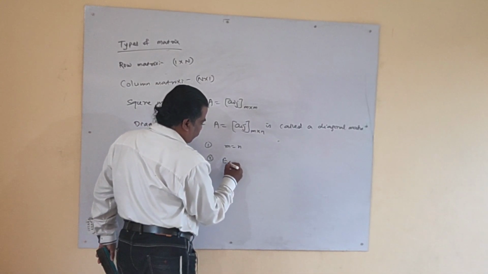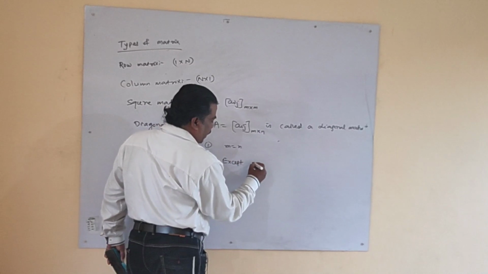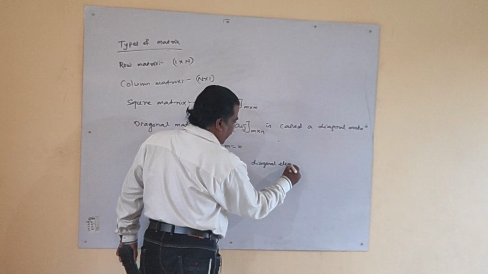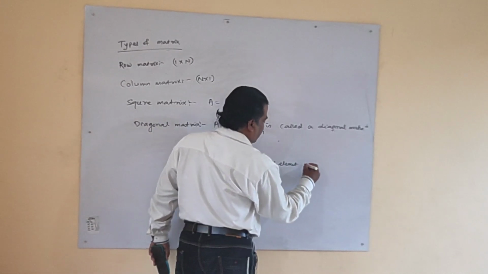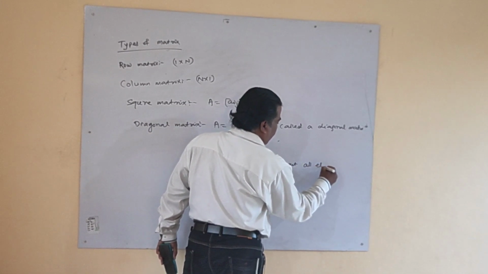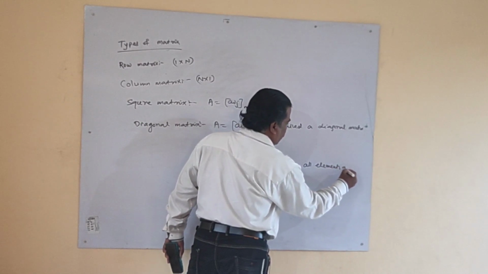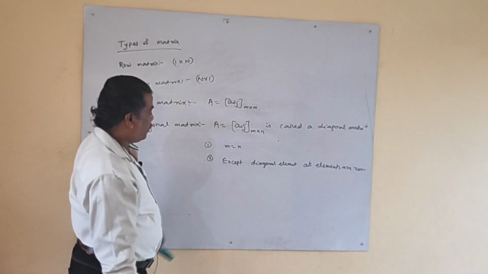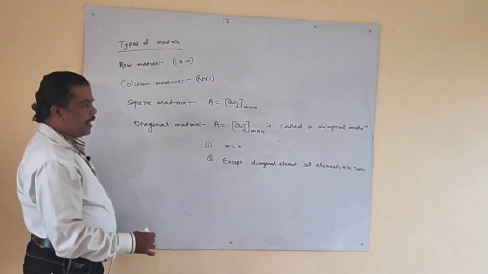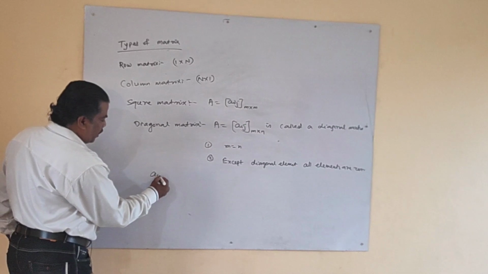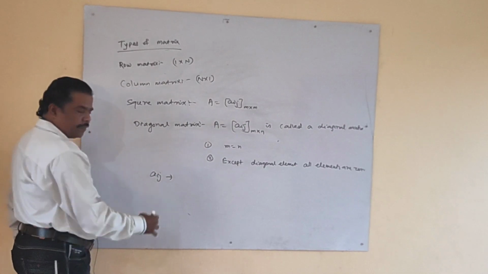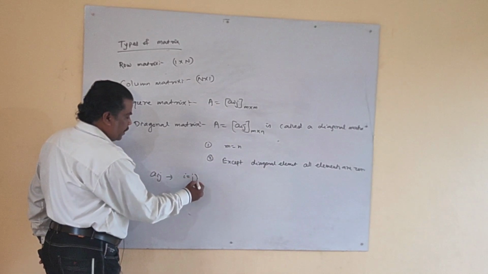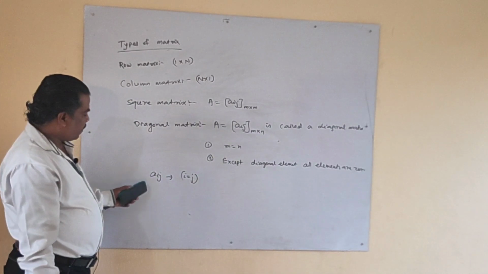Except the diagonal elements, all elements are 0. Now, what is a diagonal element? Aij are called diagonal elements if i is equal to j. The matrix must be a square matrix.